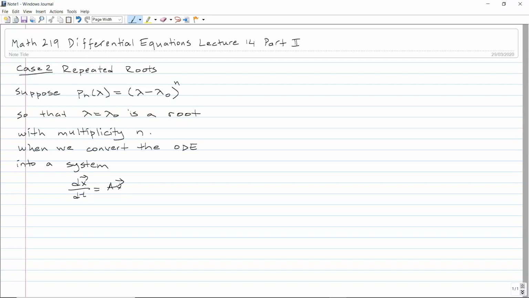It's homogeneous, we consider homogeneous equations still. So in this system, the matrix A has eigenvalue lambda 0 with multiplicity n.